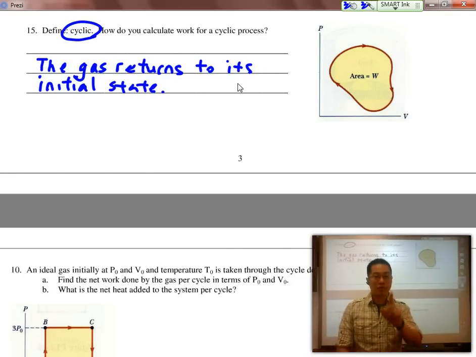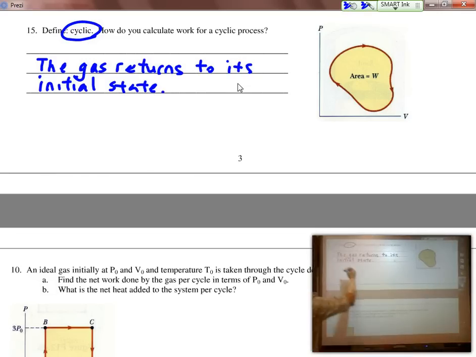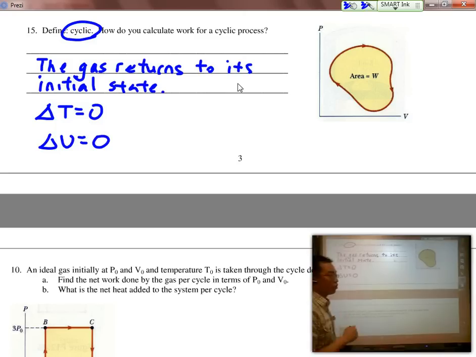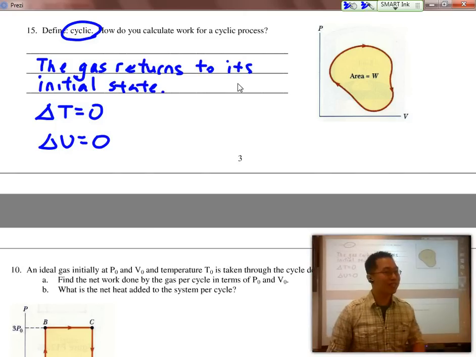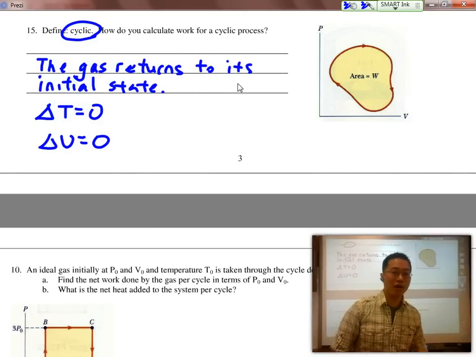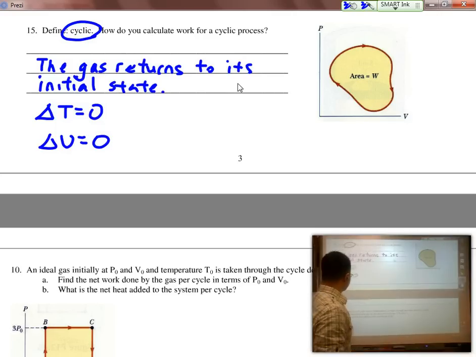Okay? But because it is the same initial temperature, that means that delta T is equal to 0, which of course then means that delta U is equal to 0, which we've seen before with the isothermal situation. So it's similar how it works out math-wise, though it's a different type of situation.